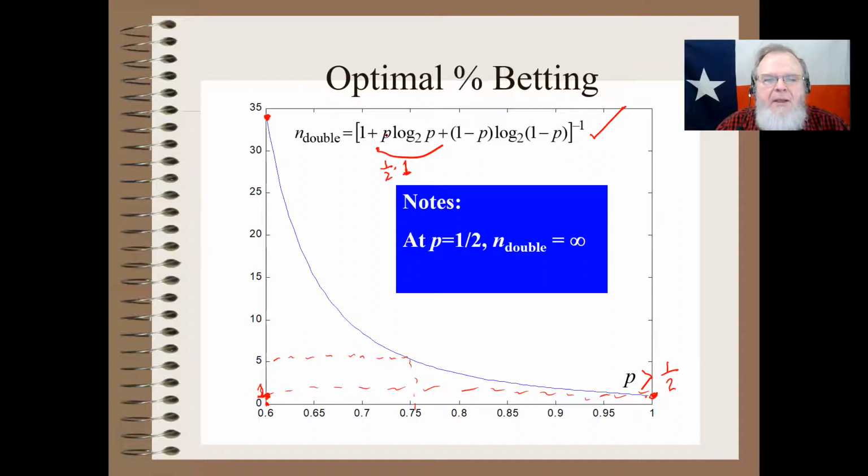Is that right? P is 1/2 log, oh, it's equal to -1. And over here, this is equal to 1. This is n double for p equal to 1.